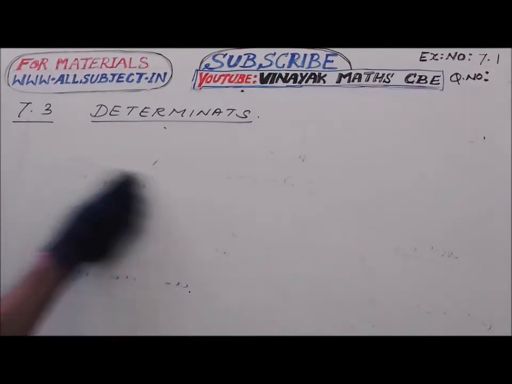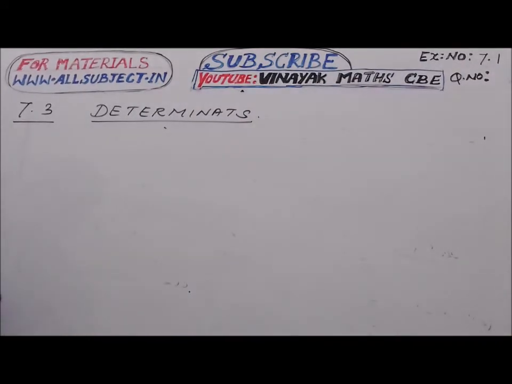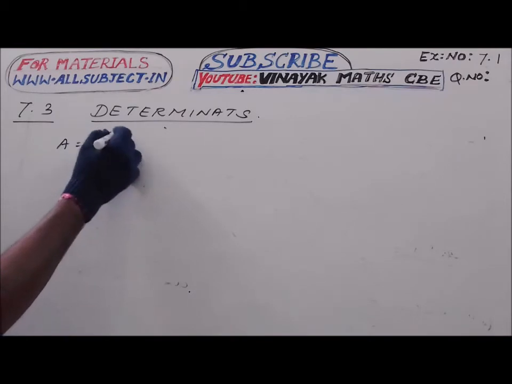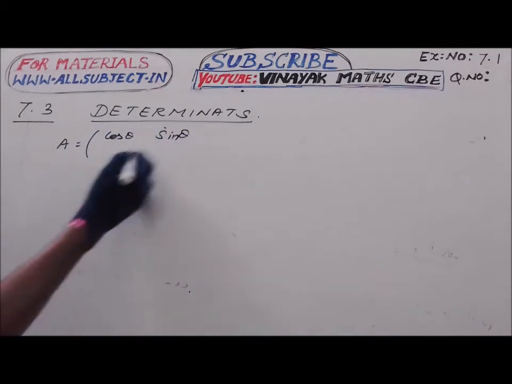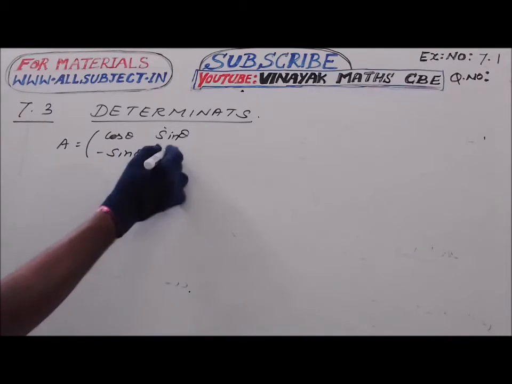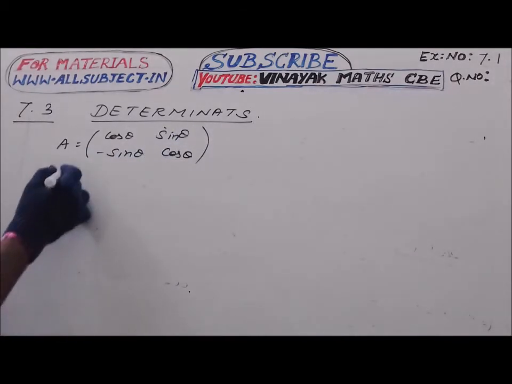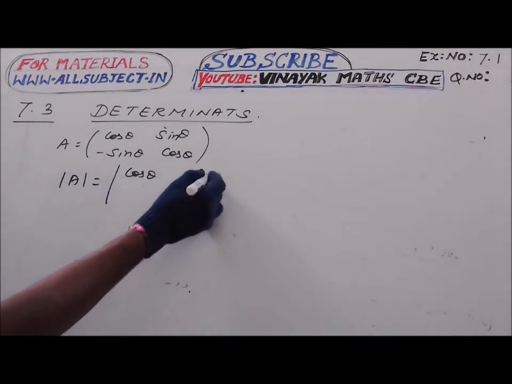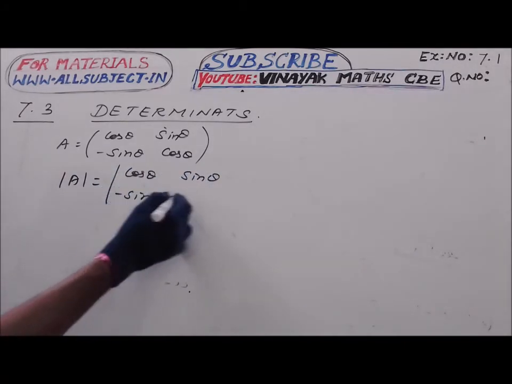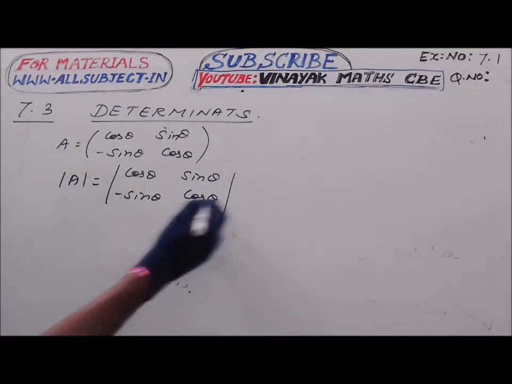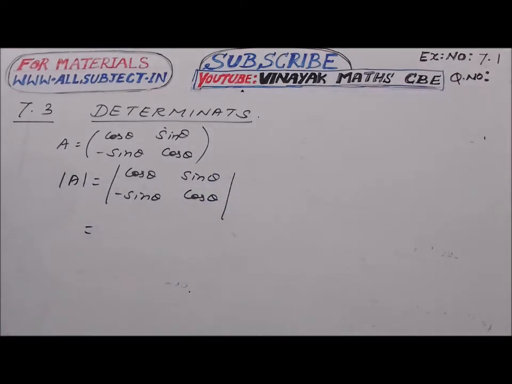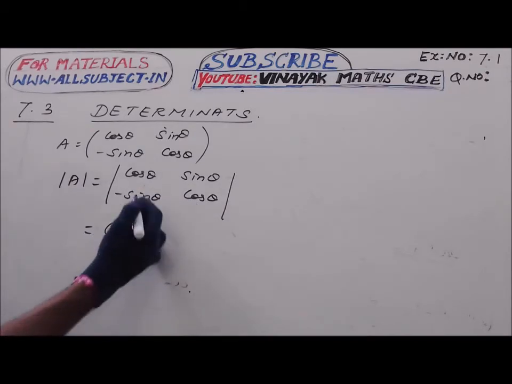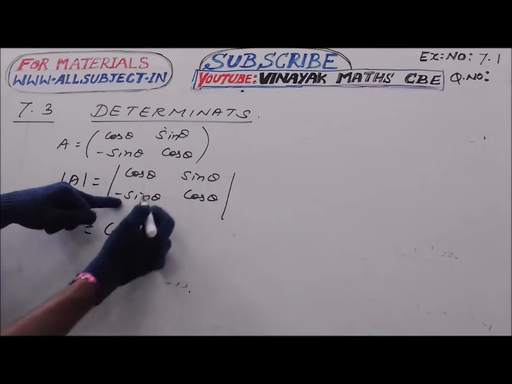A is equal to cos theta sin theta, minus sin theta cos theta. Now determinant of A is equal to determinant of cos theta sin theta, minus sin theta cos theta, which is equal to, first multiply the leading diagonal, cos theta into cos theta, cos square theta, and multiply the secondary, sin into sin, sin square.